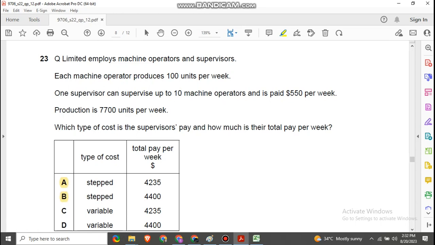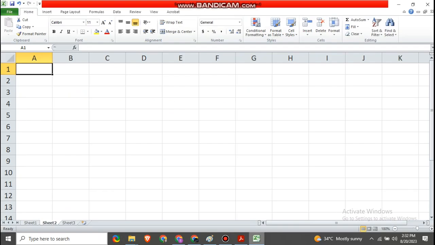Now let's see how much we are paying these supervisors. How many units are we producing? 7,700 units. So total unit output is 7,700, and we know that each operator can produce 100 units in a week.